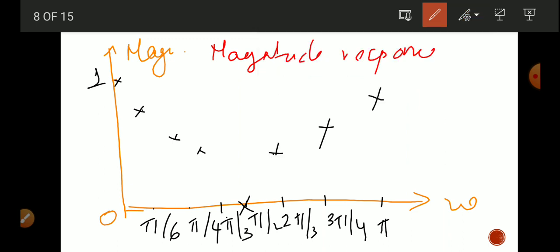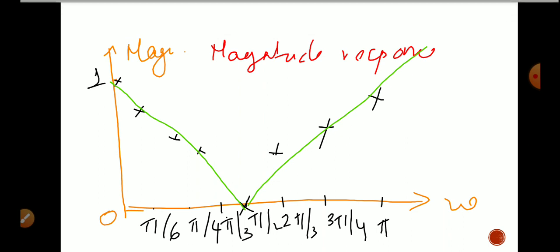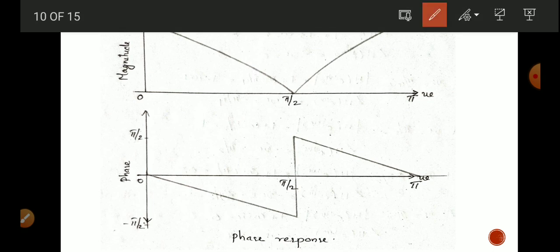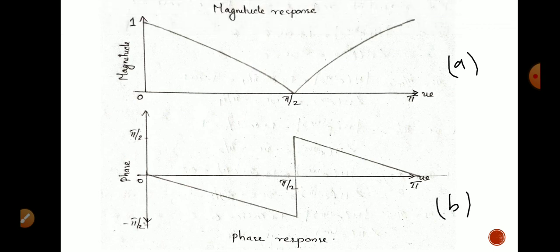On plotting these values, we get the magnitude response in this way. The first figure is the magnitude response and the second one is the phase response. This is the way we got the magnitude response of the given system.